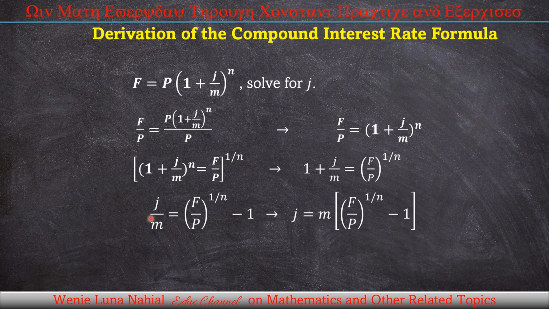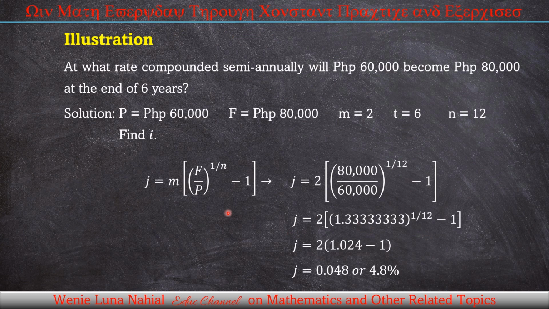So multiplying the left side by M times J over M, that is just equal to J. So the terms at the right are also multiplied by M. So we applied the multiplication property of equality. Okay, so this is now the compound interest formula.